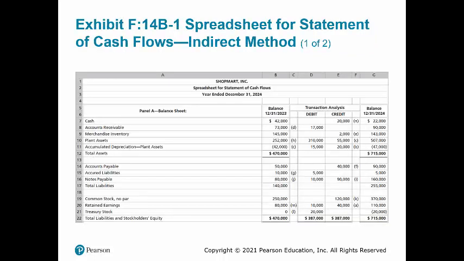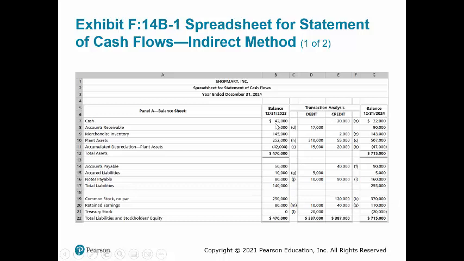So let's look at the spreadsheet that is on this slide, and I will try to explain to you how this works. So we see in this column that we have all of the balance sheet accounts at 12/31/2023. Then we have all of the balances for the balance sheet at 12/31/2024.